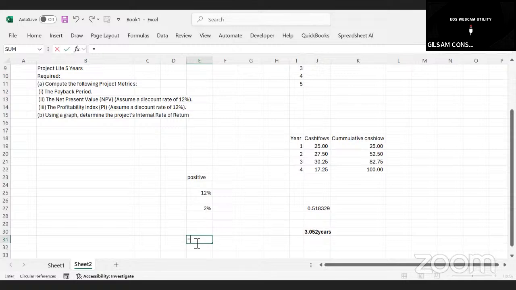So you have to go back now to the finance books. We refer to the finance book. Yeah, how to get the IRR.